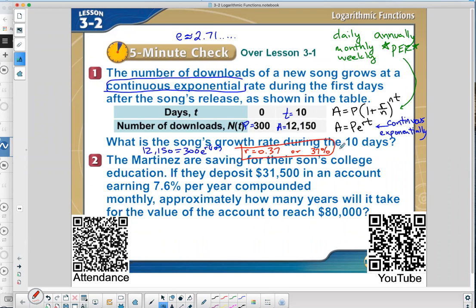So this equation, if you were going to put it back in its form, they actually use N of t, so I'll say N of t at the front instead of A, that the number of downloads would equal 300 e to the 0.37 t. That would be the actual equation, because for however much time takes place, you can figure out the number of downloads using that formula there.